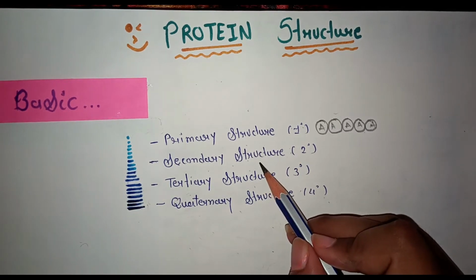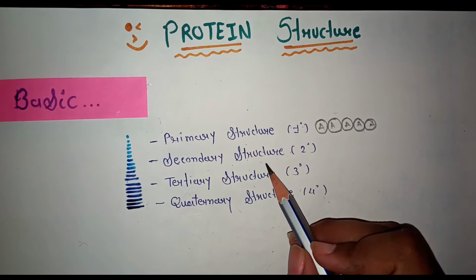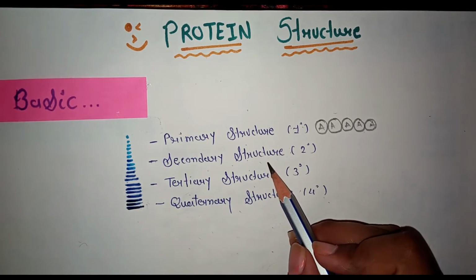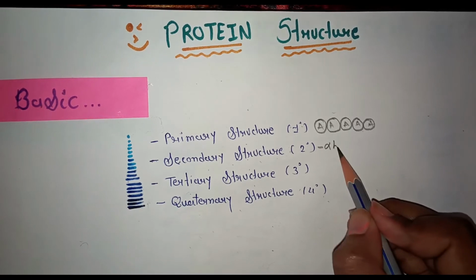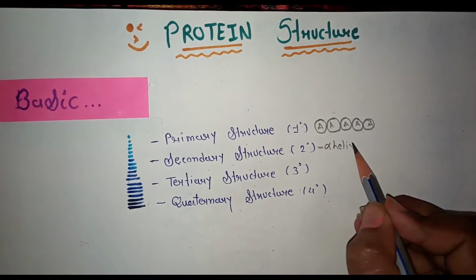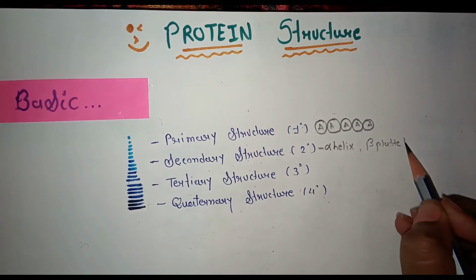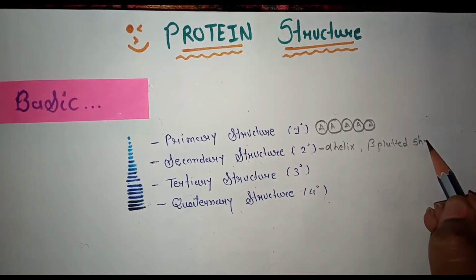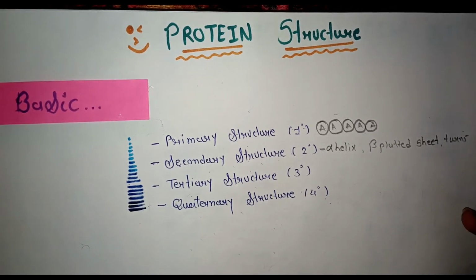Now, what is the secondary structure? The secondary structure of a protein has some structural formations: the alpha helical structure, then the beta pleated sheet, then turns, either alpha turns or beta turns.